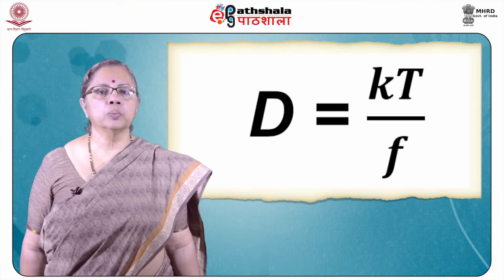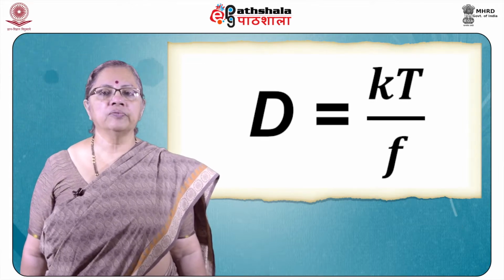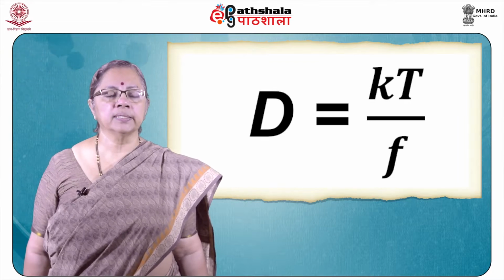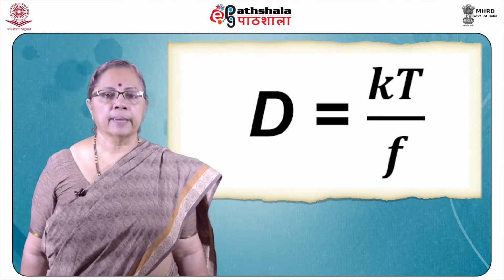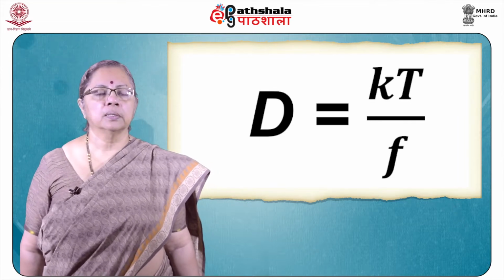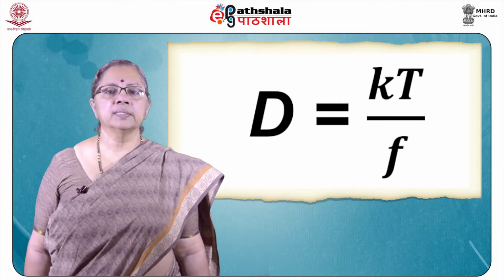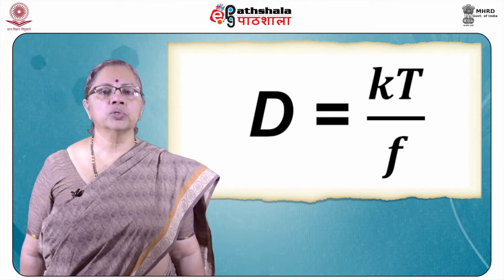For molecules with larger frictional coefficient, the rate of diffusion is lower, and hence it can be shown that D is equal to kT divided by f, in which k is the Boltzmann constant and T the absolute temperature.